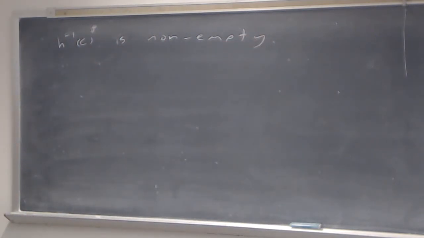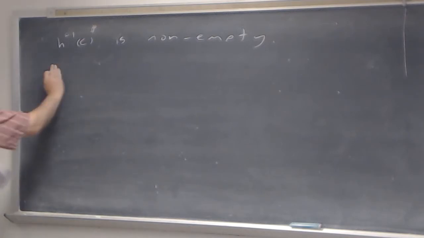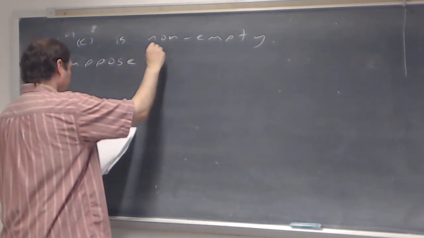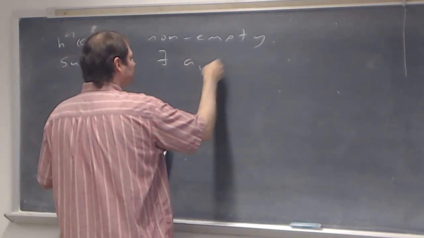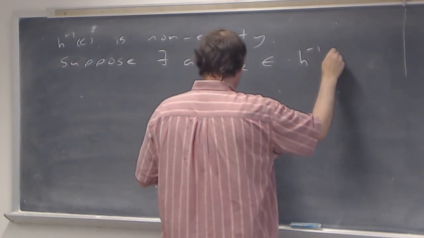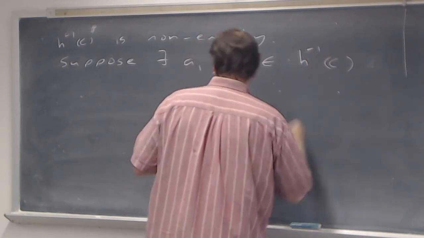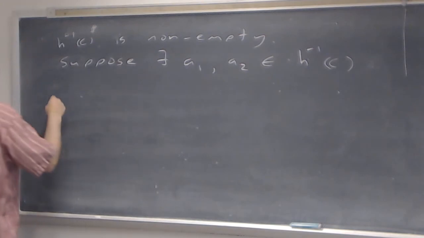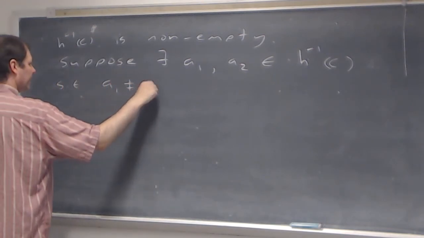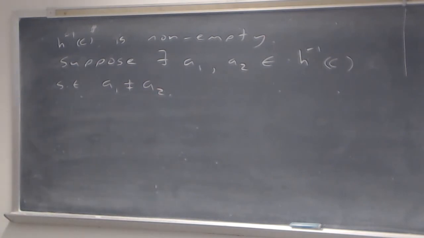Okay. Now, let's suppose there exist a1 and a2 elements of this H inverse of c such that a1 is different than a2. We're going to get a contradiction here.